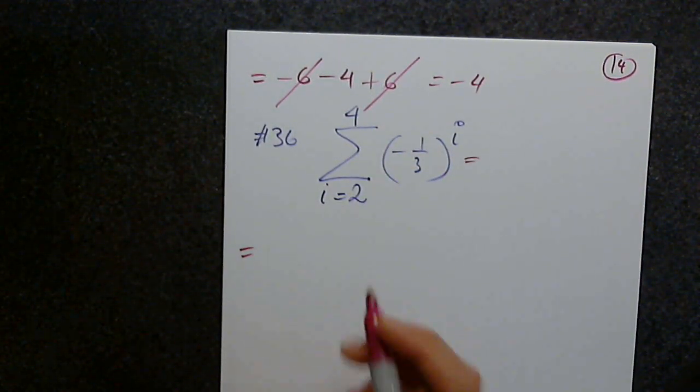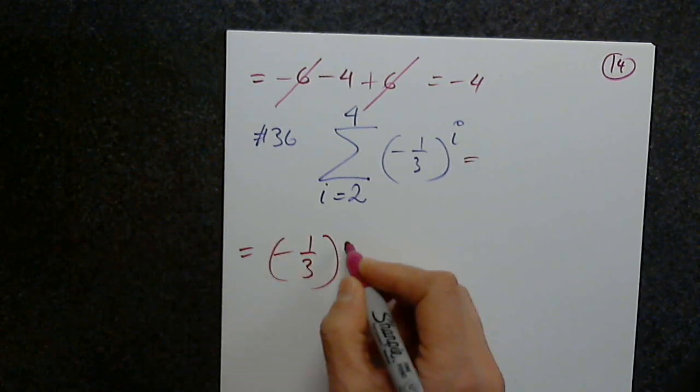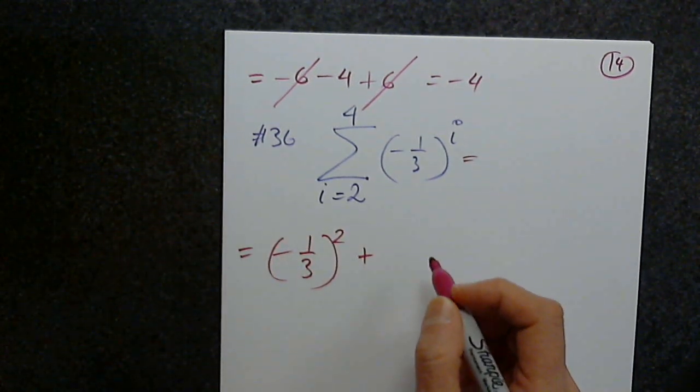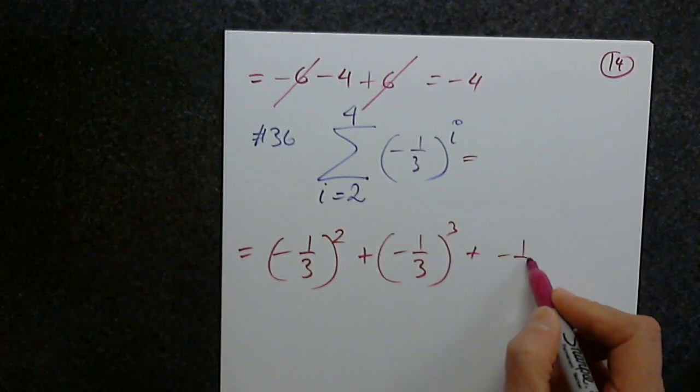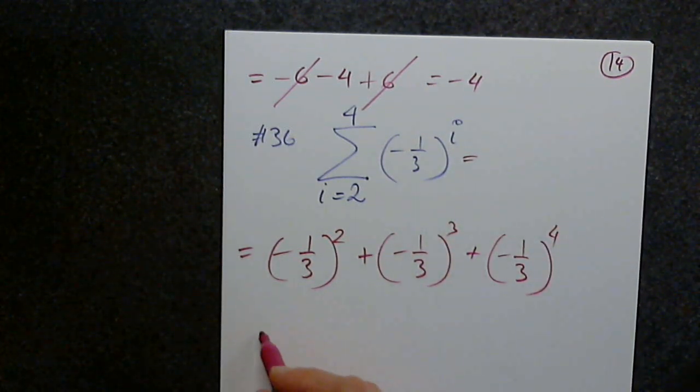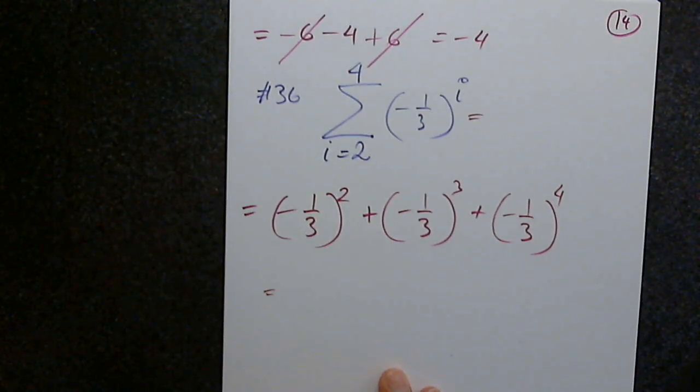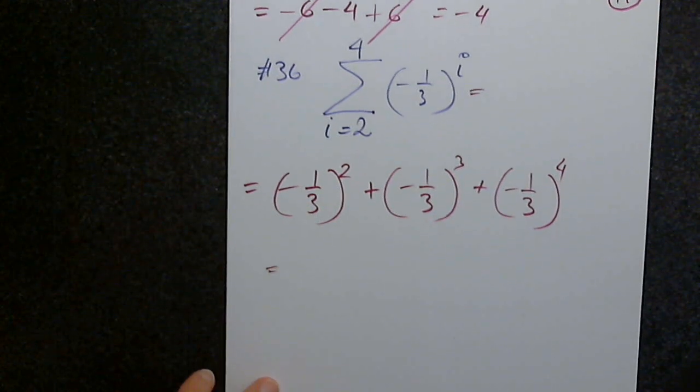So the first one is negative 1/3 squared, the second plus negative 1/3 cubed, plus negative 1/3 to the fourth. That's it. We don't really like to add these, but let's try.